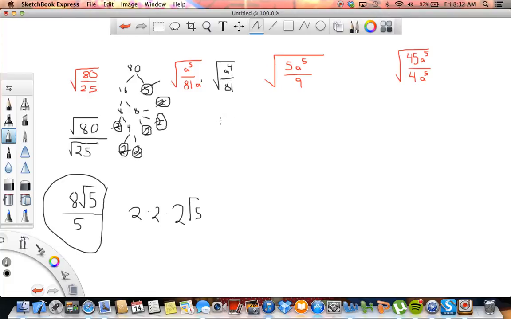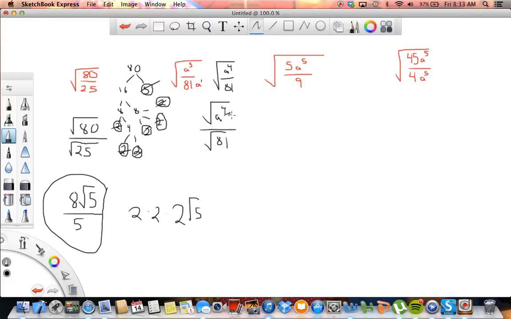Now what we're going to do is split this up into two different problems. So we got the square root of a to the 4th over the square root of 81. This one looks like it's going to be a little bit cleaner than that last one. Well, remember, when we have exponents on a variable, to take the square root of it, all you do is divide it by 2.